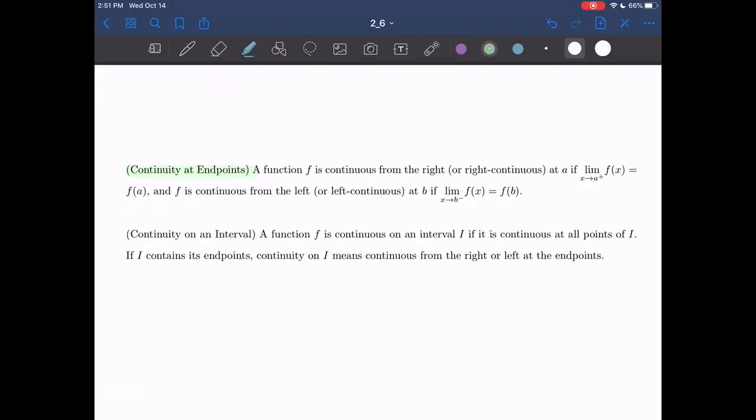If a function is continuous from the right, or right continuous, at a, the limit as x approaches a from the right is equal to f of a. And it's left continuous, or continuous from the left, at b, if the limit as x approaches b from the left of f of x is equal to f of b.